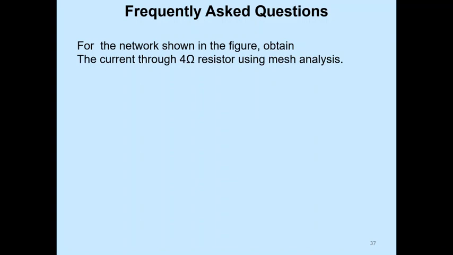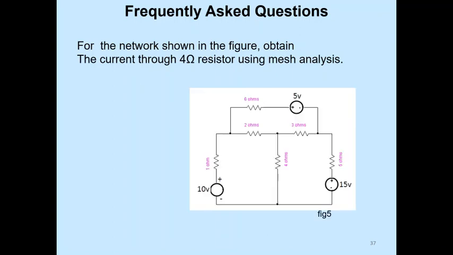Now the question is, take the assignment. For the network shown in the figure, obtain the current through the 4 ohm resistor using mesh analysis. Here we can identify 3 meshes, and you can assume any direction, there is no problem in that.